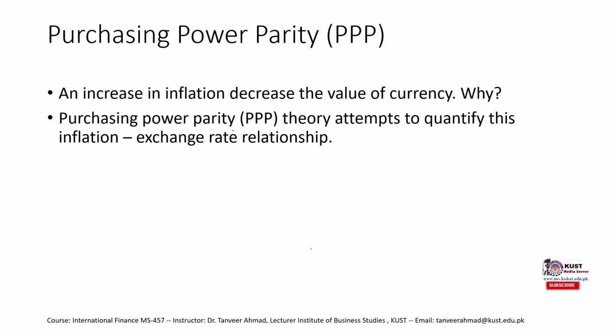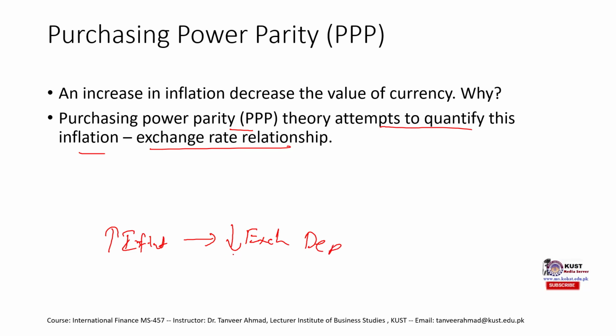So the purchasing power theory attempts to quantify this inflation-exchange rate relationship. We have discussed multiple times that if inflation increases, the currency would depreciate. But if inflation increases by 2%, then by what percentage the currency would depreciate, we do not know this, right?